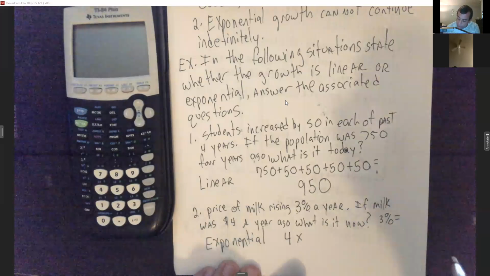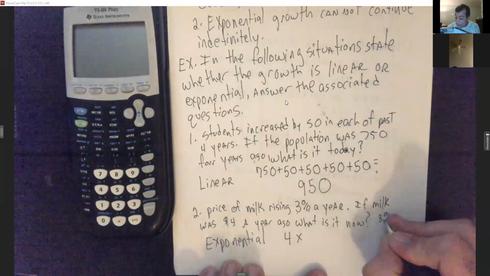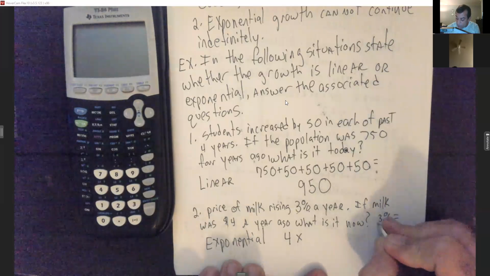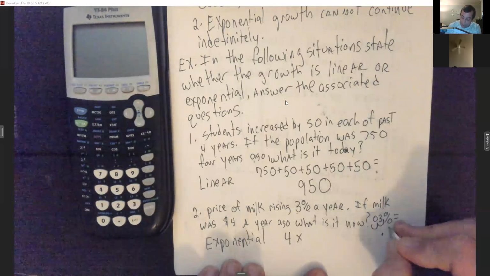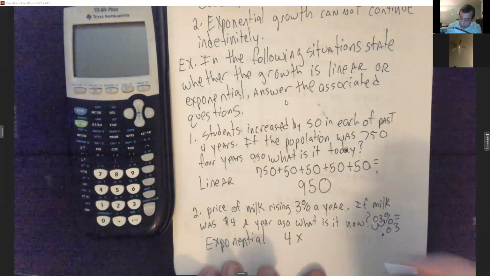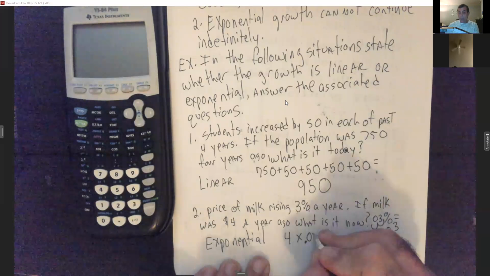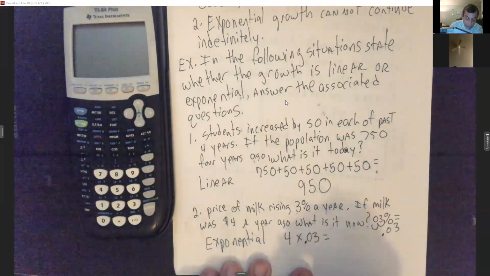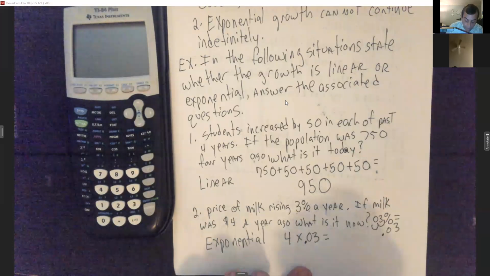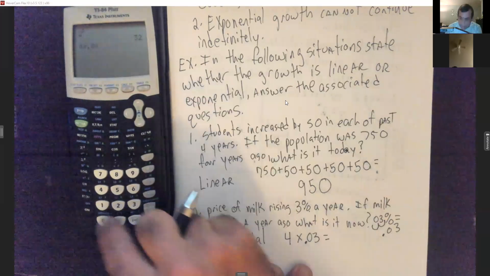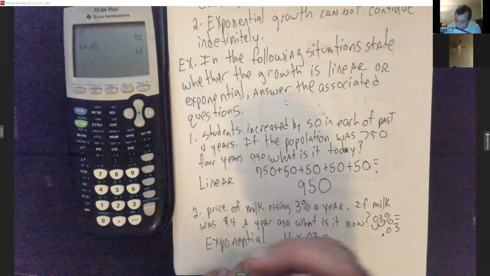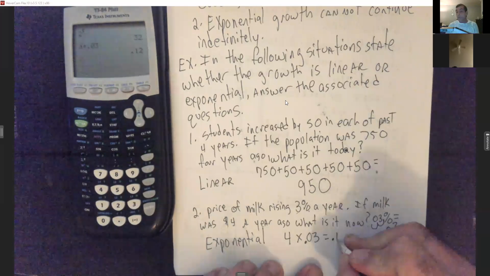The decimal would technically be behind the 3, so move it left twice, and that's going to give me 0.03. So on the calculator, you would multiply 4 times 0.03, which gives me 0.12, which is basically 12 cents.